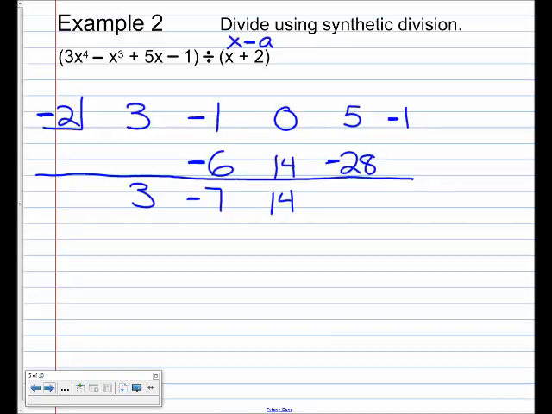What about 5 and negative 28? Negative 23, very nice. And then negative 23 times negative 2. 46. All right? And always that last number, put it in its own little box. What's negative 1 plus 46? 45.